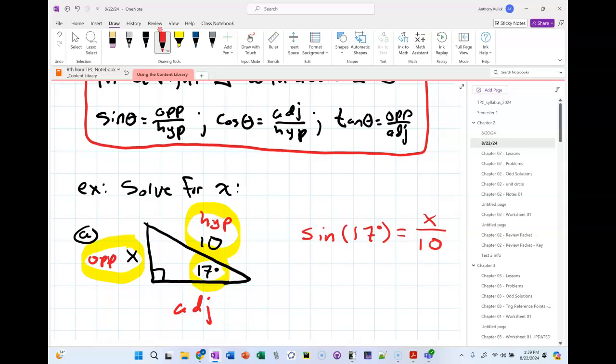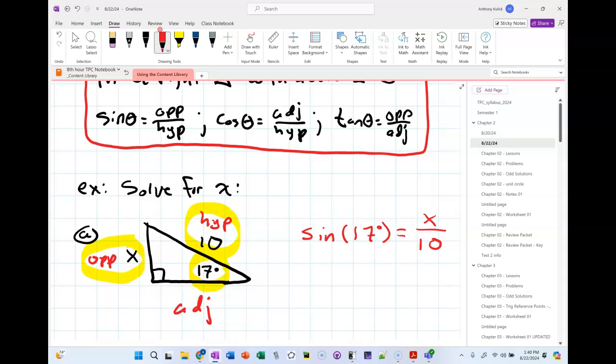Now that I've set up my equation, I need to solve for x. To get x by itself, what should I do? Multiply by what number? So we want to get the x by itself.